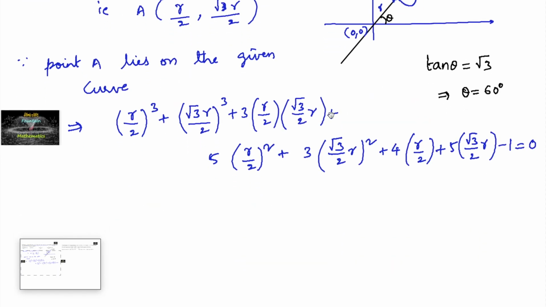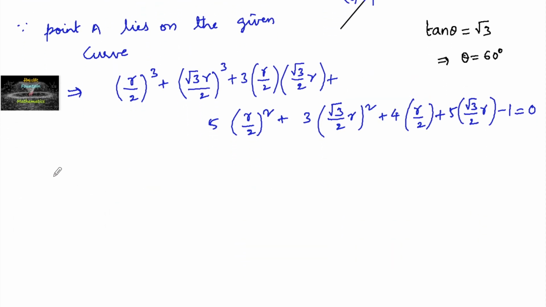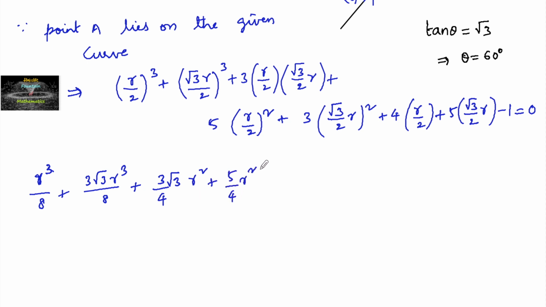So which can be simplified further as r cube divided by 8 plus 3 root 3 r cube divided by 8 plus 3 root 3 by 4 r square plus 5 by 4 r square, and here it comes 3 into 3, so 9 by 2 r square plus 4r by 2 plus 5 root 3 by 2 r minus 1 equals to 0.